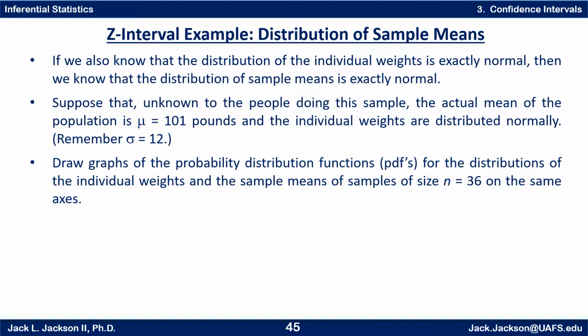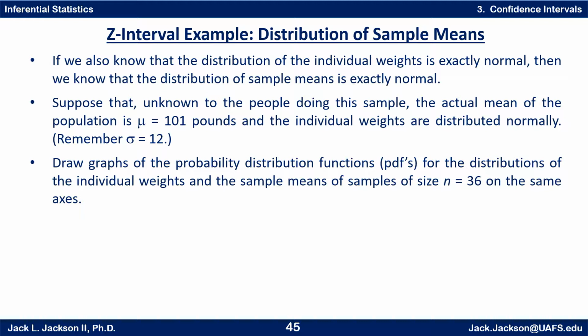Now, we're pulling back the curtain a little bit, because if we really knew that the mean was 101 pounds, then we'd be done. What we're trying to do is estimate this unknown mean of 101 pounds. But just for the sake of understanding what's going on right now, let's pull back the curtain and say we actually know the mean is 101 pounds, even though the researcher wouldn't know that.